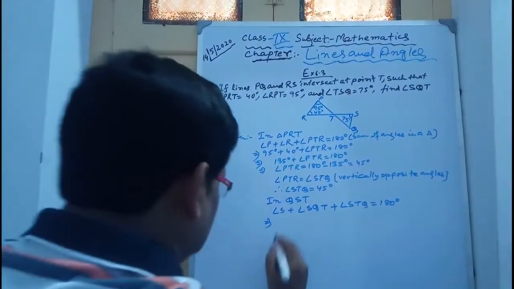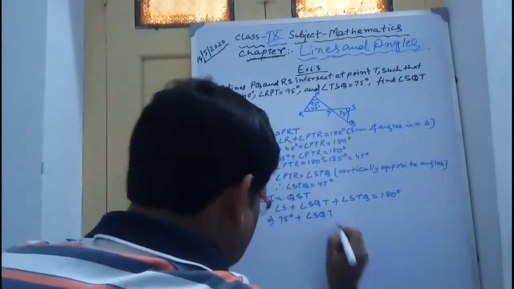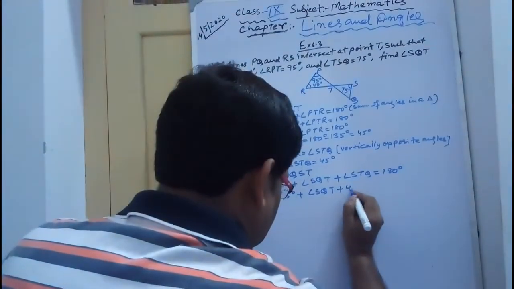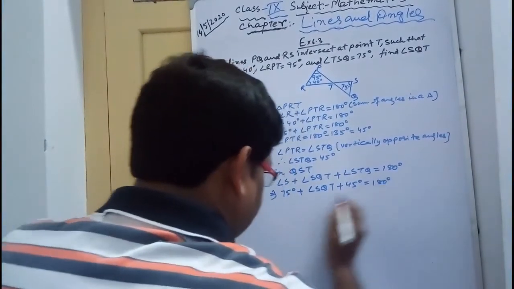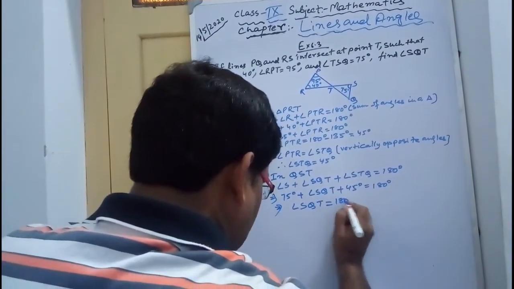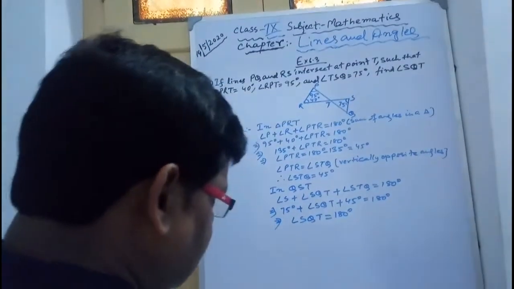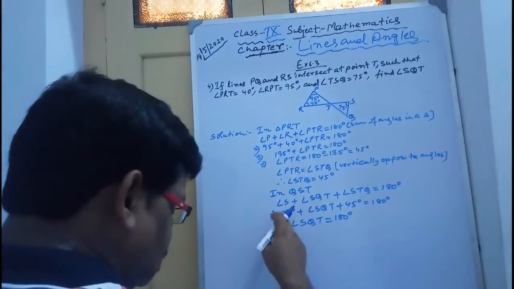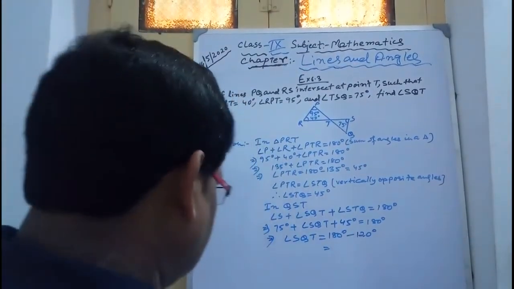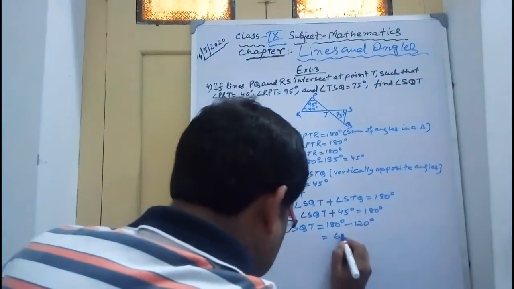Angle S is given, that is 75 degrees, plus angle SQT which you have to find, plus angle STQ which you got, that is 45 degrees, equals 180 degrees. Adding 75 degrees plus 45 degrees gives 120 degrees. Taking it to the right-hand side, it becomes minus 120 degrees. Subtracting 120 degrees from 180 degrees gives 60 degrees.